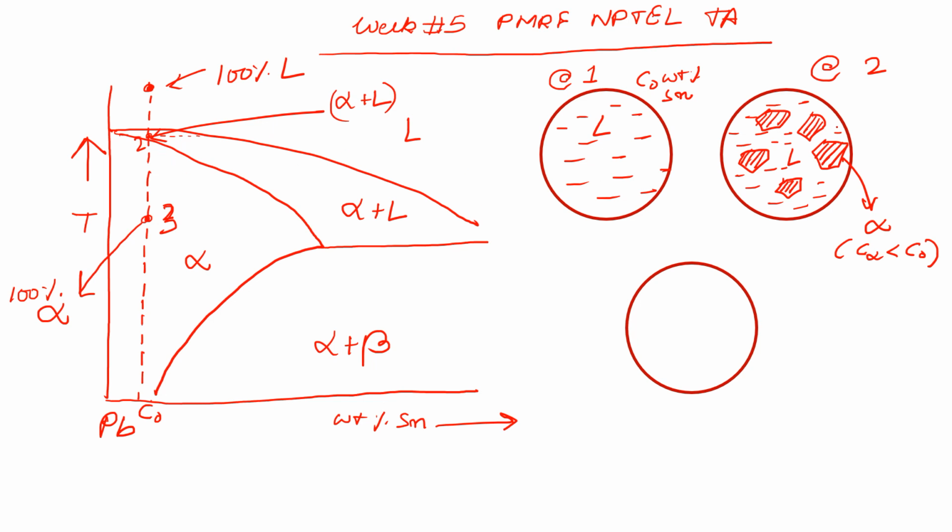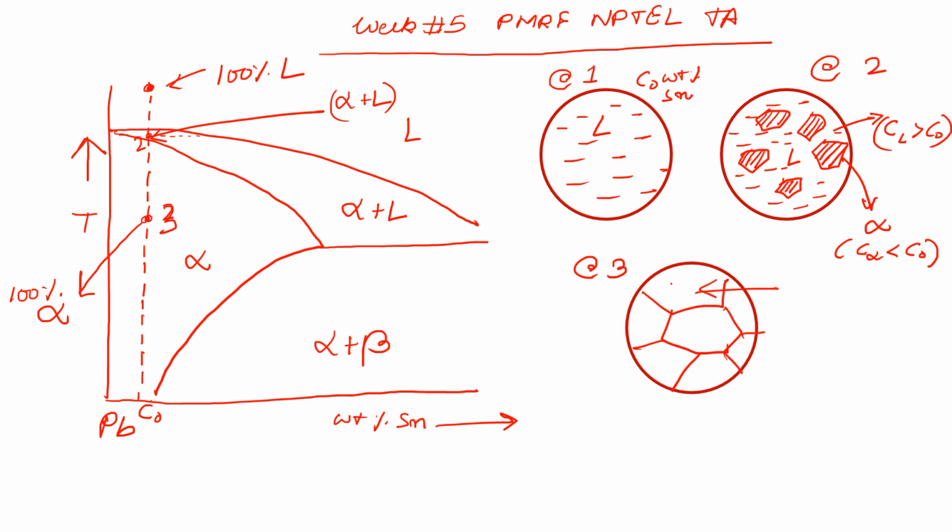So the liquid is rich in solute, so Cl is greater than C0. Upon further cooling at point 3 we have 100% alpha of composition C0, because here there is no liquid coexisting with alpha.